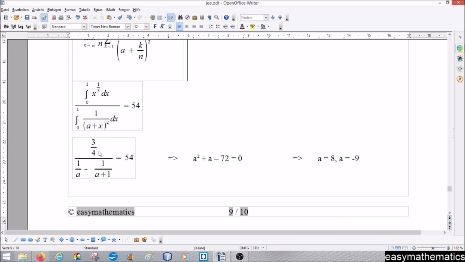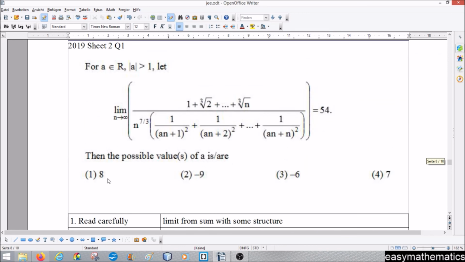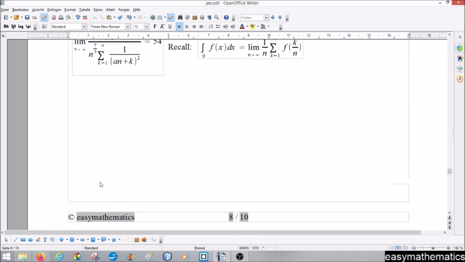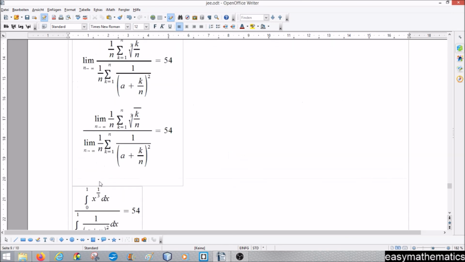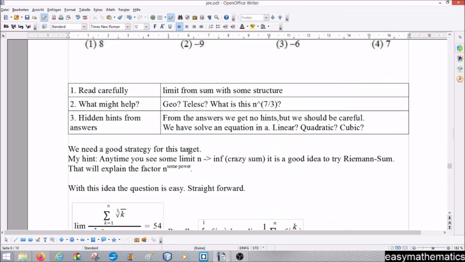The numerator is 3/4, and the denominator, if you integrate, you get 1 over a minus 1 over a plus 1. And from there it's very easy to find a squared plus a minus 72 is 0, and therefore a is 8 and minus 9. Perfect. And we see 8 and minus 9, so options 1 and 2 are true.